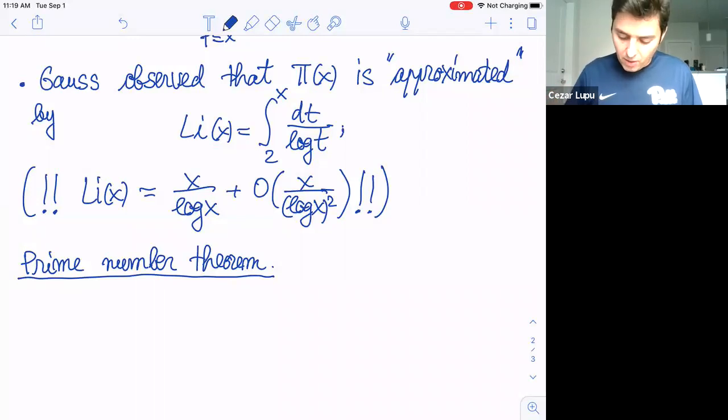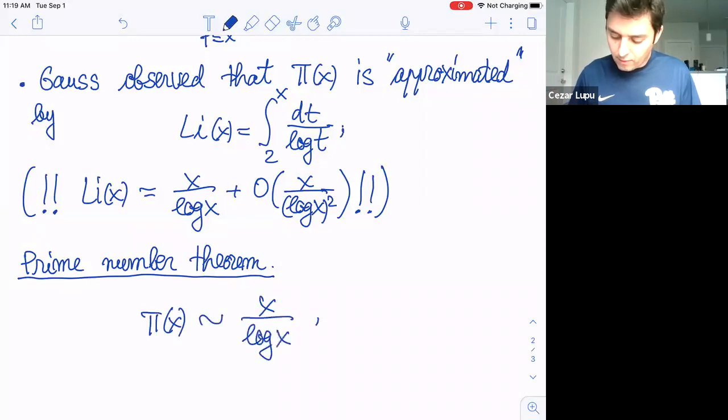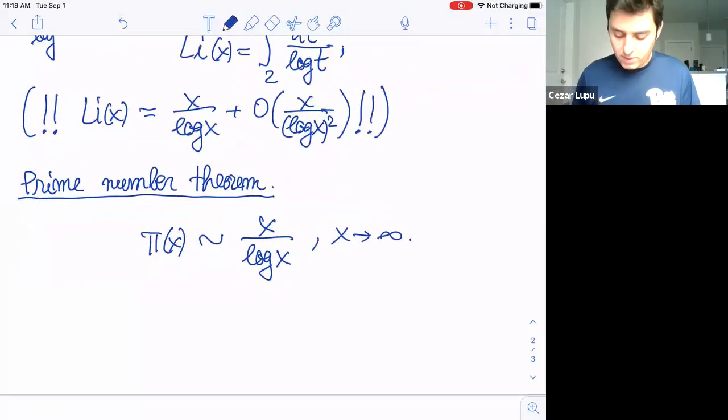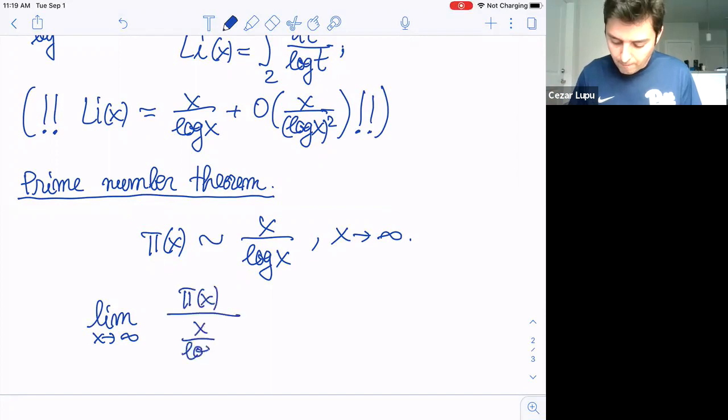The prime number theorem states the following: pi of x is asymptotically x over log x as x goes to infinity. In other words, the limit as x approaches infinity of pi of x over x over log x is 1.